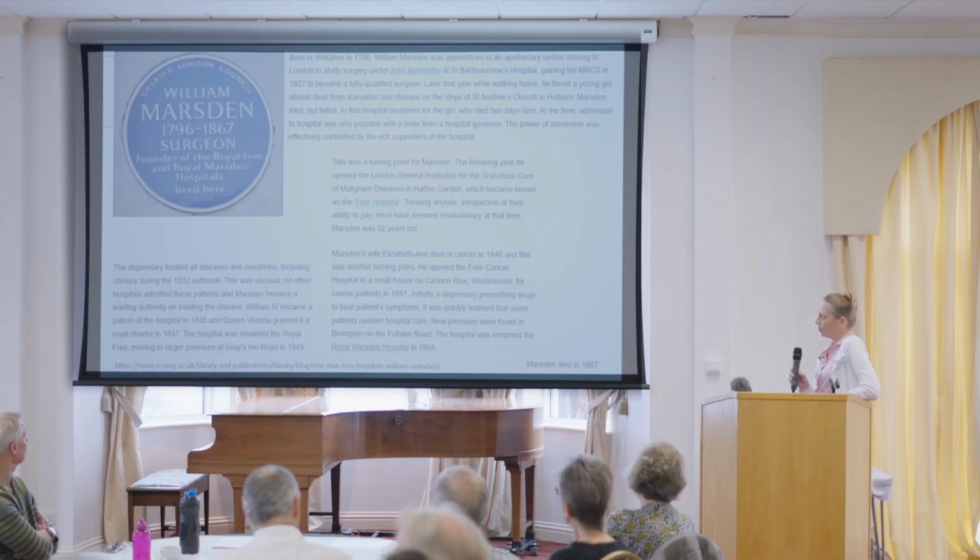Now, another turning point for Marsden was that his wife died very early on because of cancer, and then he founded the second free cancer hospital in London in 1851. So we can see how advanced he was in his thinking, and we can see the free access of all patients to the cancer hospital then. Now we will speak about the bacteria and multiple myeloma.